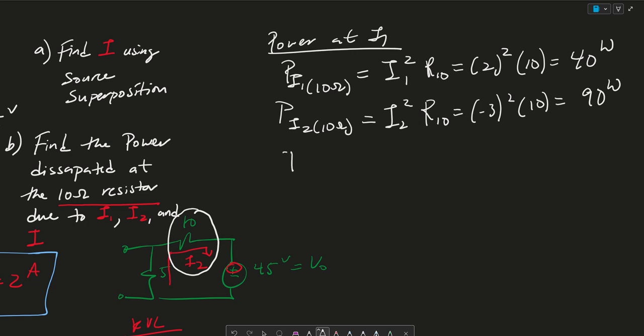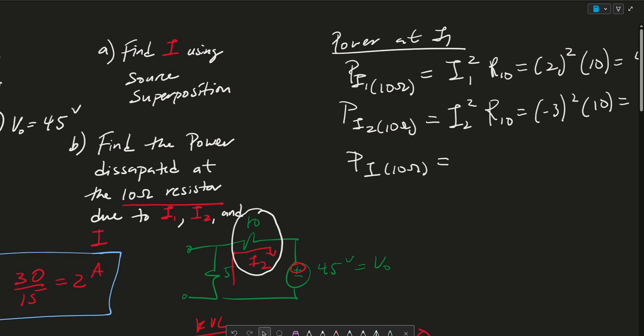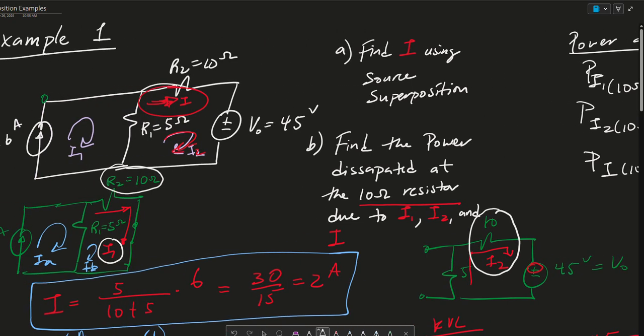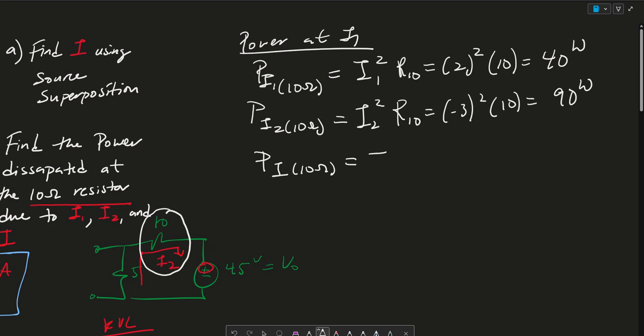And then they want us to find PI at the 10 ohm resistor, which again is just this current squared times R. Again, I squared times R10 ohms, which is equal to negative 1 squared times 10, which gives us 10 watts.